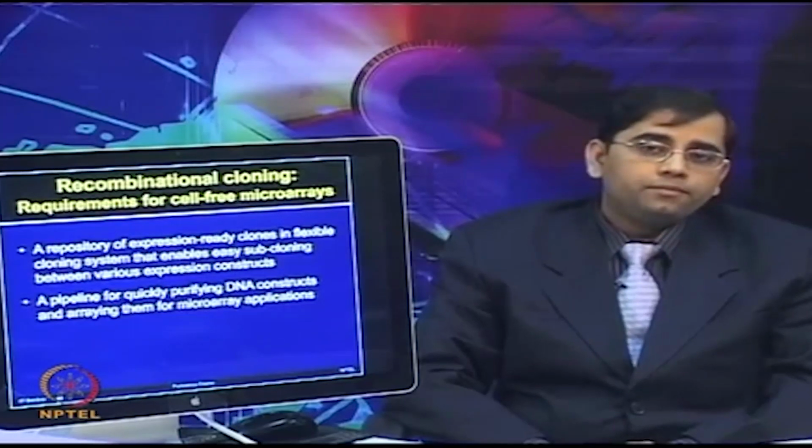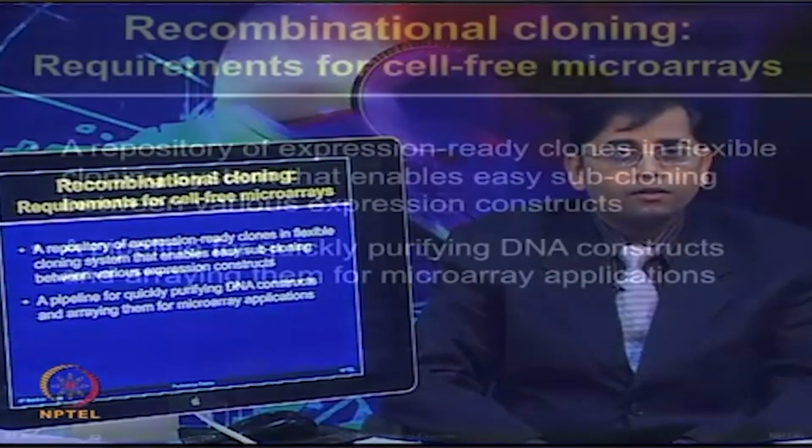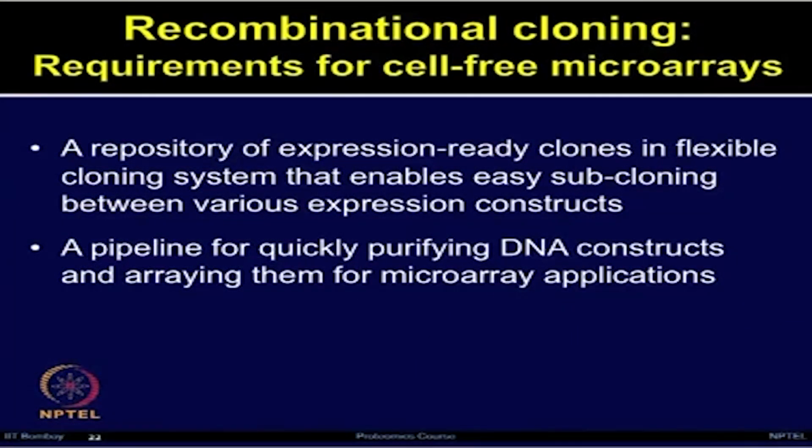Beyond recombinational cloning, let us talk about the requirements for cell-free microarrays. Once you have done the recombinational cloning and obtained several master clones, the repository of expression-ready clones in the flexible cloning system enables easy subcloning between various expression constructs. So, a pipeline for quickly purifying the DNA constructs and arraying them for microarray applications can be generated after recombinational cloning is performed.